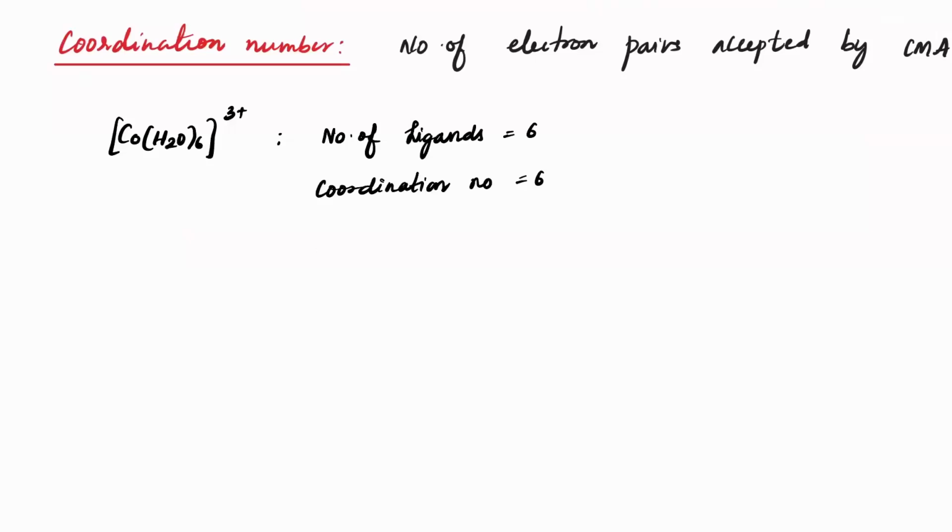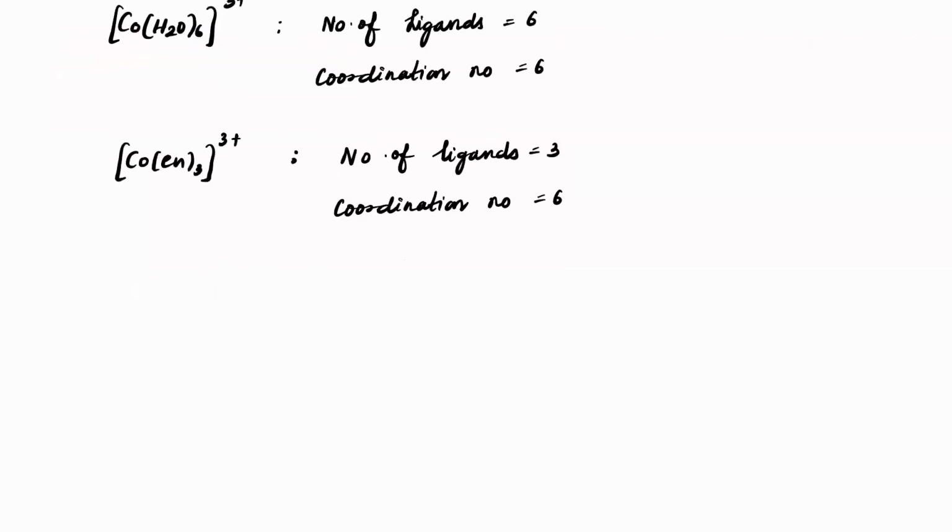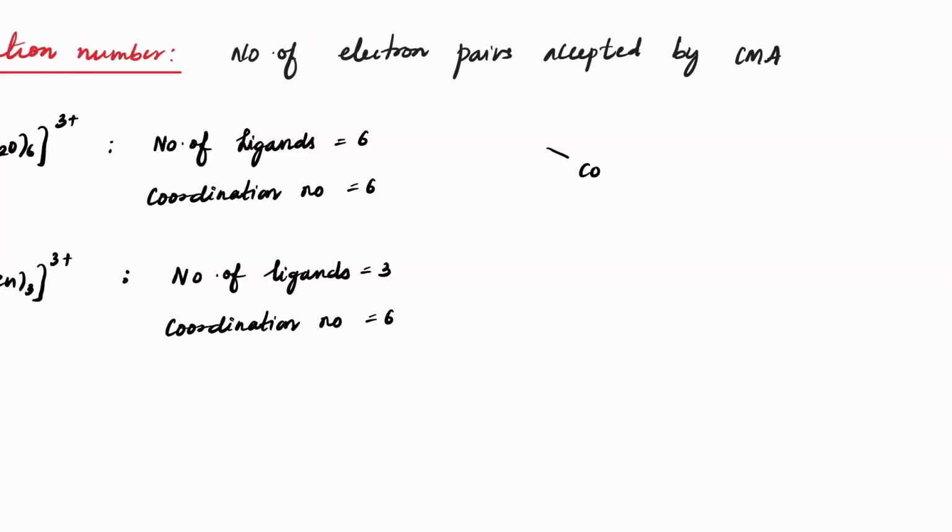But if the same compound is connected with another ligand known as En, in the case of En, the number of ligands is 3, but the coordination number is still 6. Why is that so? See, cobalt here is connected with 6 water molecules in coordinate bond form. So water is surrounding it from all the ends like this.